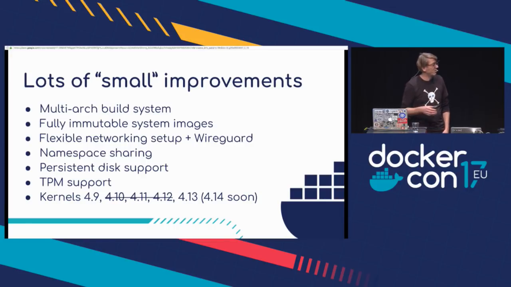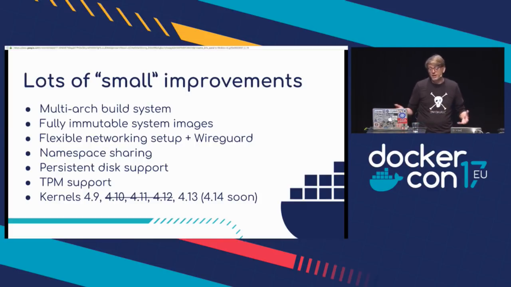Justin is going to talk about that in a little while. That also required us to provide more flexible tools for sharing namespaces between system containers. We added better support for persistent disk support. Avi, who I just saw walking past, also added support for TPMs.